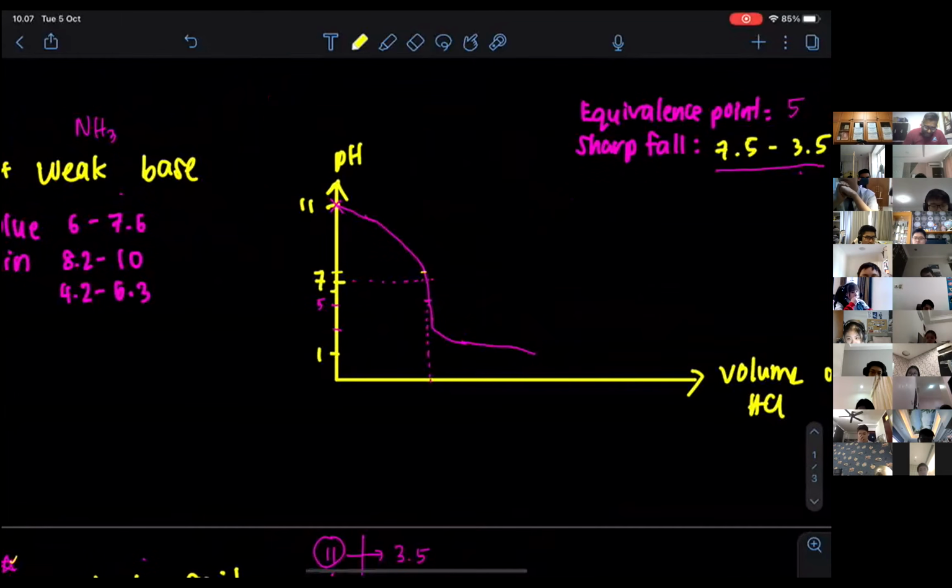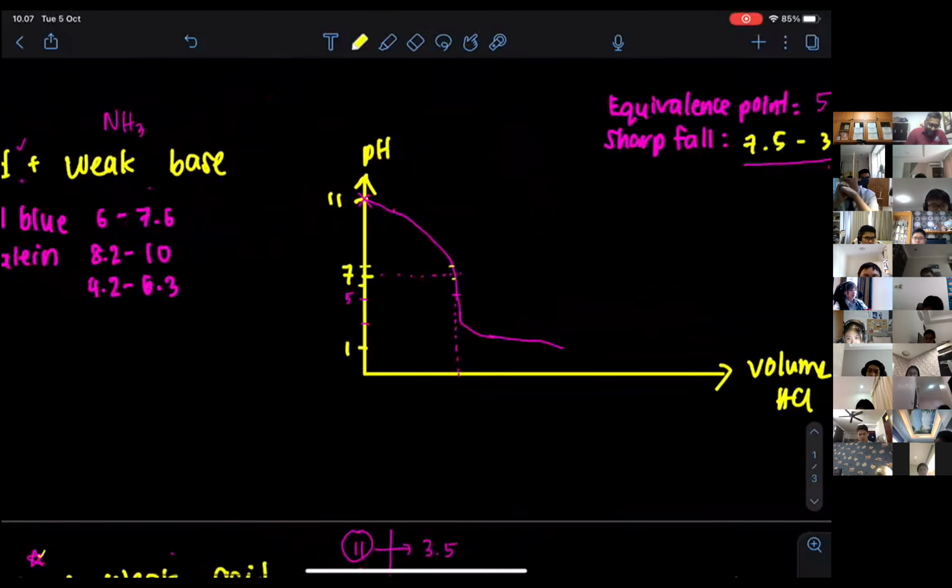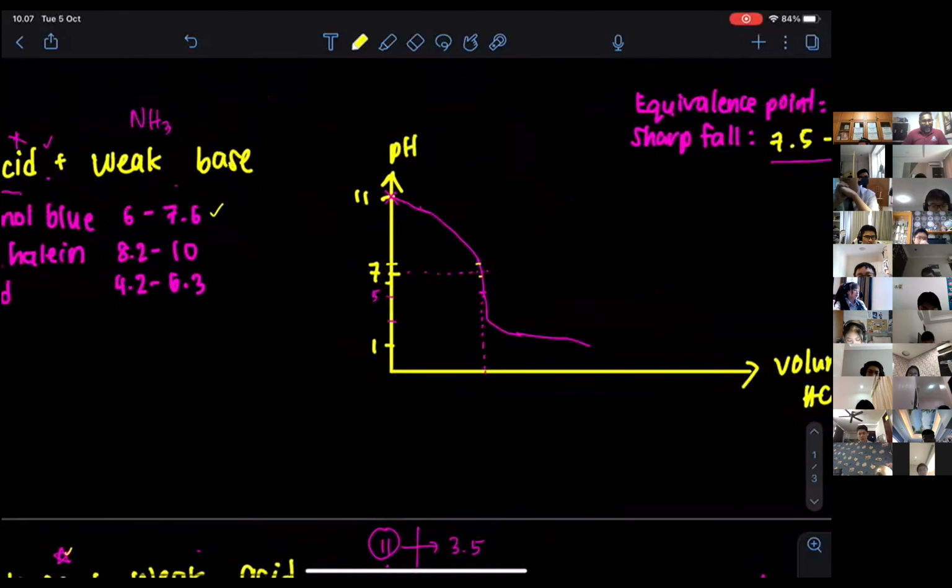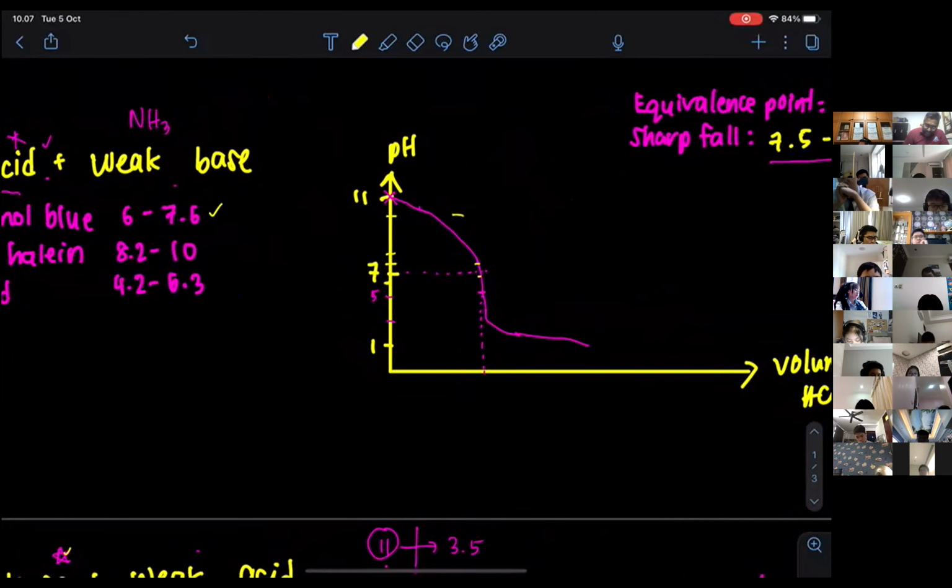A small part over here, still possible, but not a very good indicator. But if I have 8.2 to 10, these are not at the sharp drop, so you can never use phenolphthalein for this case. You will not see a color change.